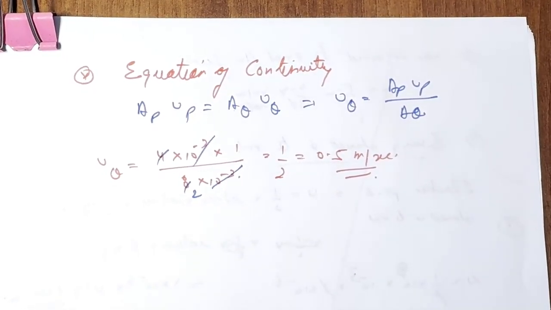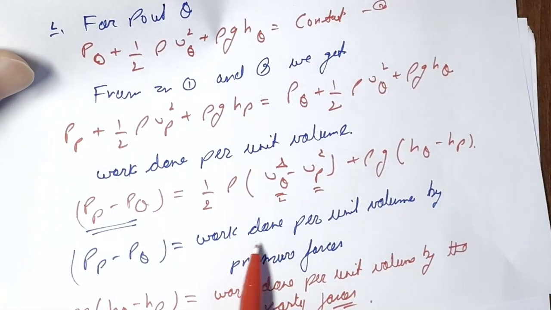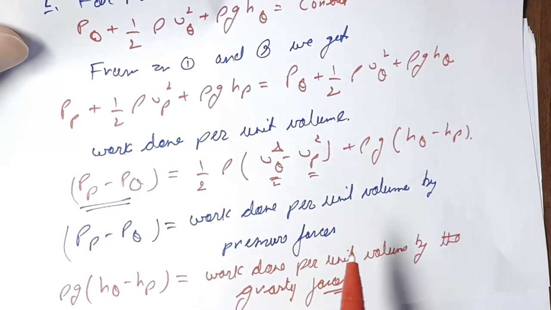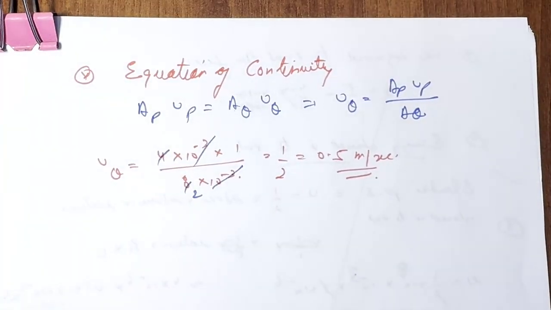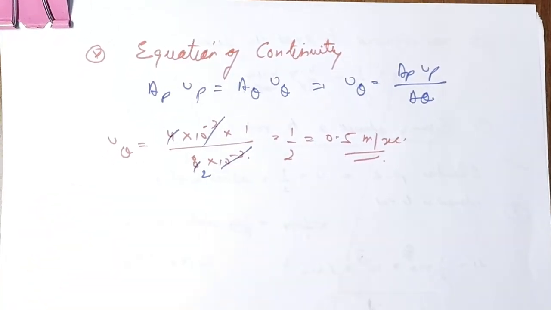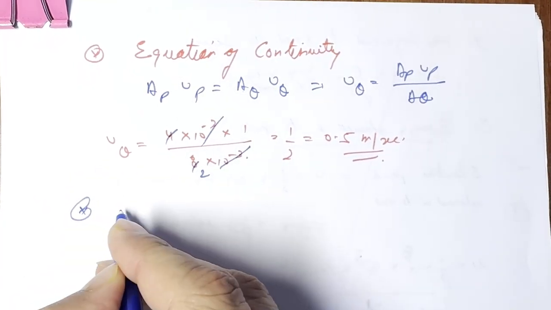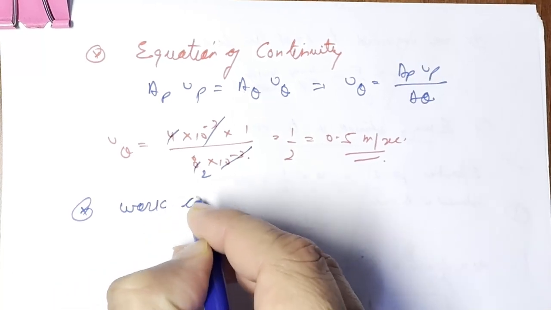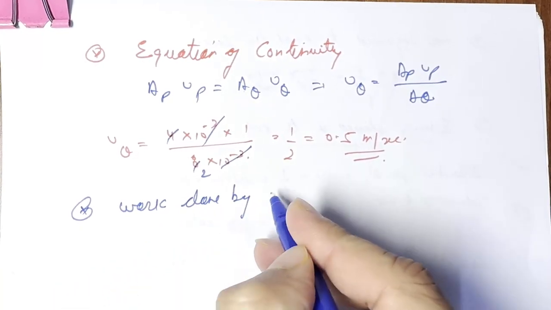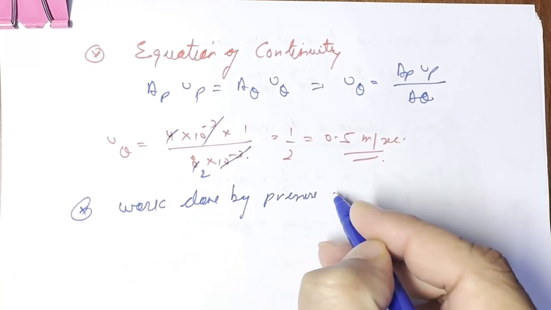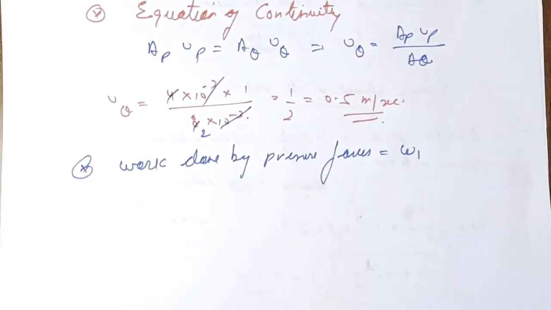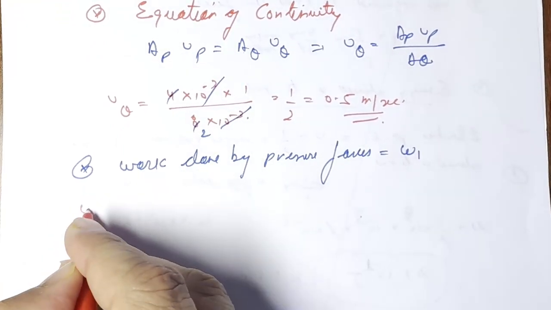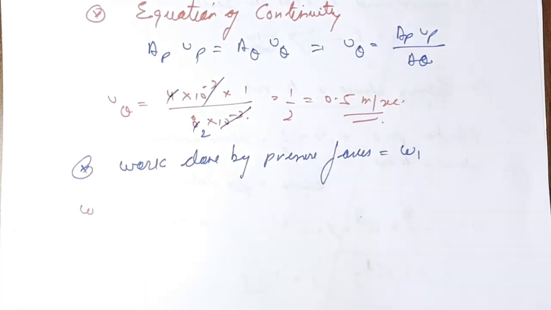So we can find out now work done per unit volume by the pressure forces, which will be equal to nothing but calculation of this part. Okay. So therefore work done by pressure forces, let us call that WP.